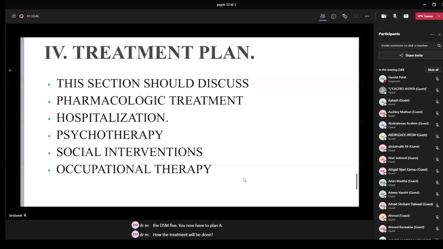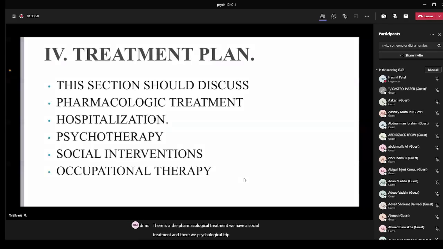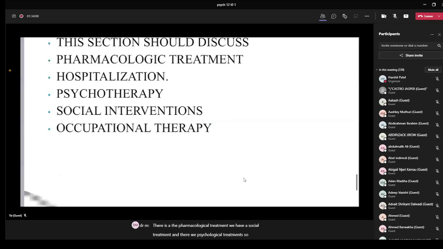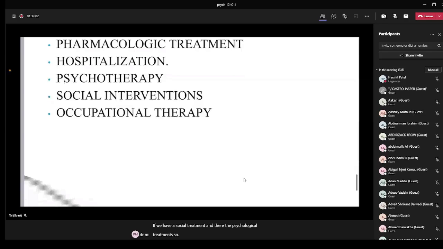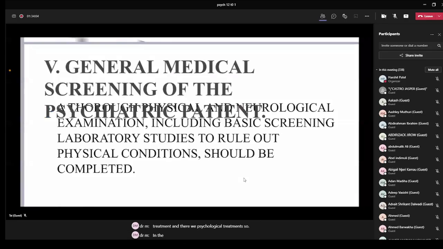There are 3 modes of treatment. There is the pharmacological treatment, there are the social treatments, and there are the psychological treatments. In the pharmacological treatment, you determine what are the best medicines to give.